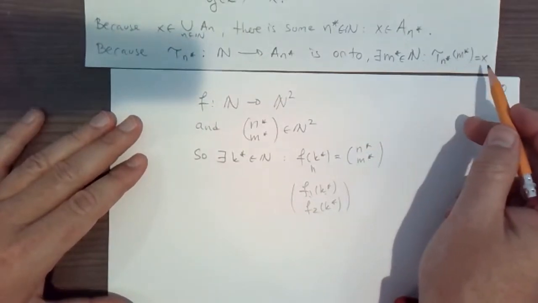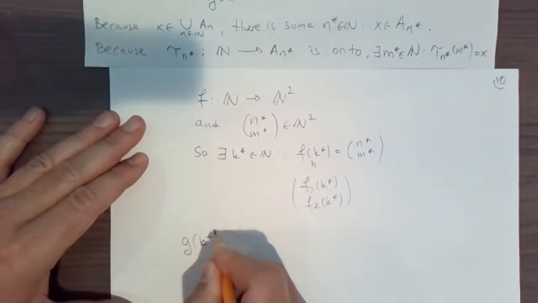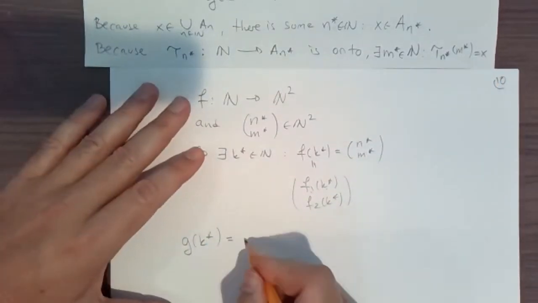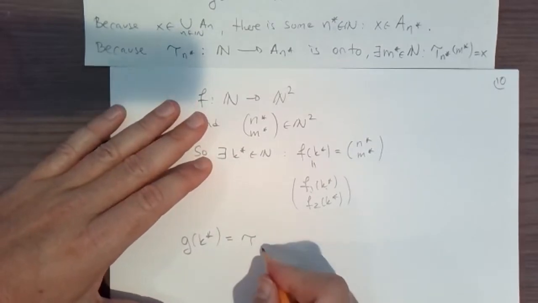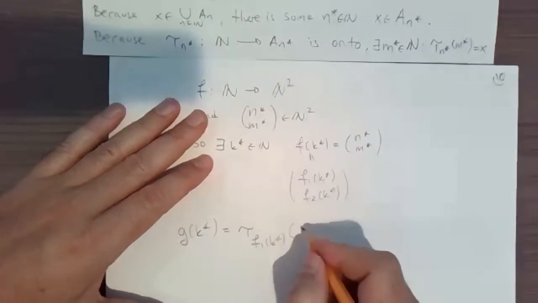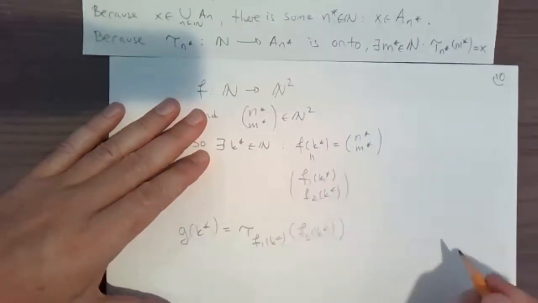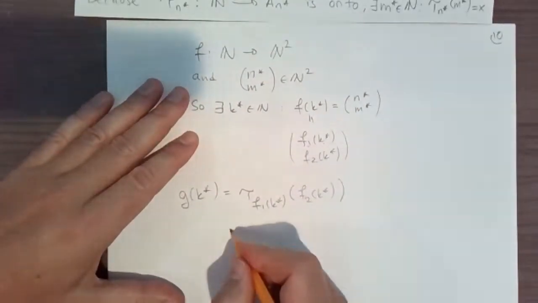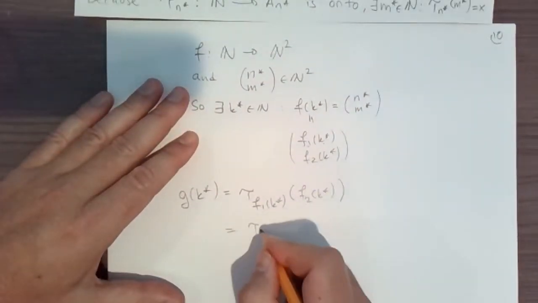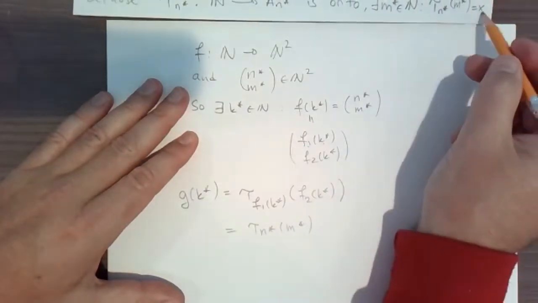Now just plug it in. g of k star is equal to tau of f1 of k star evaluated at f2 of k star. Use the properties we had here: this was tau of n star evaluated at m star, but that was exactly my x up here.